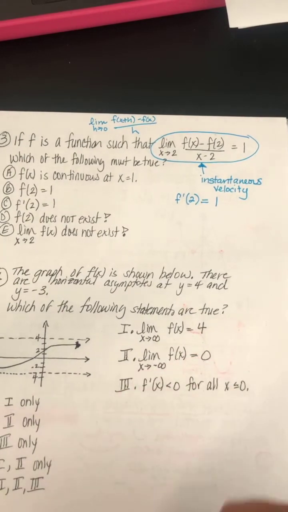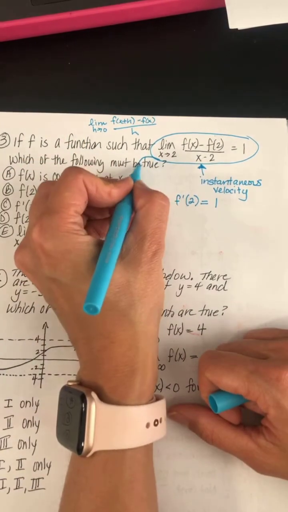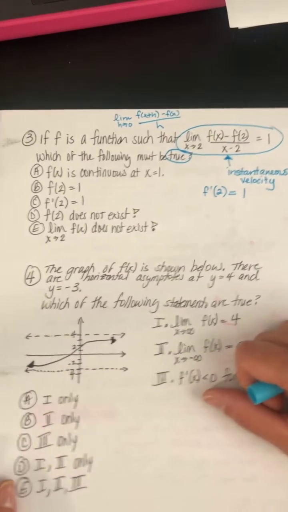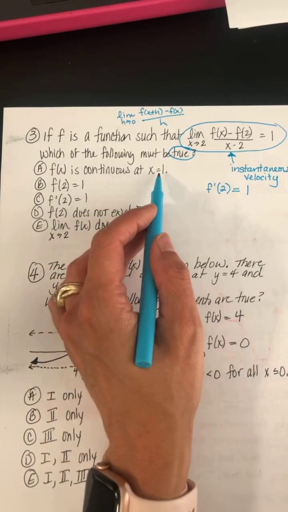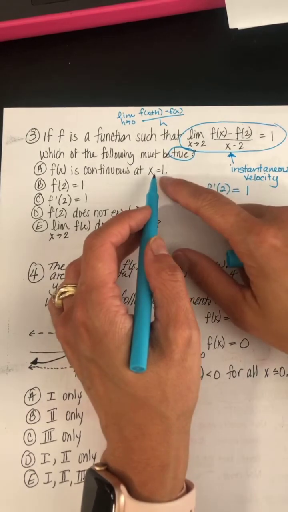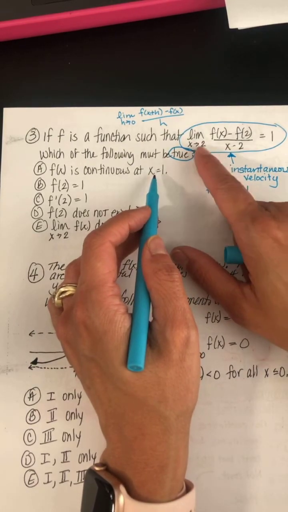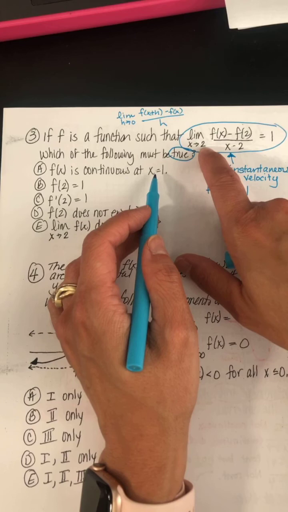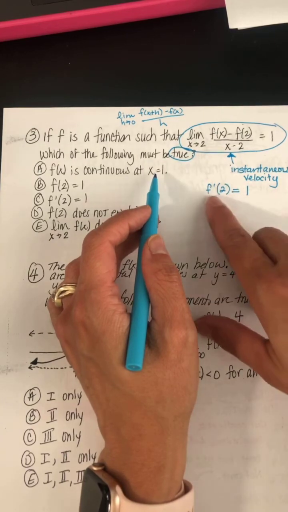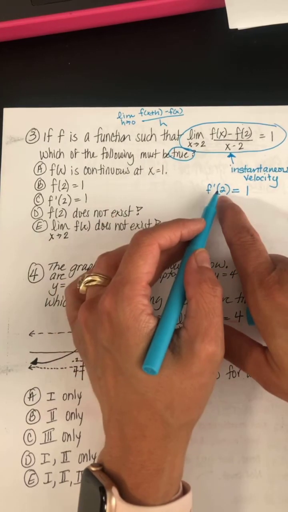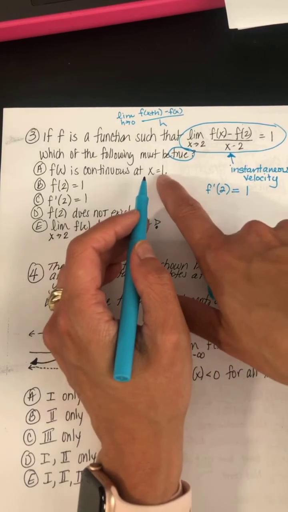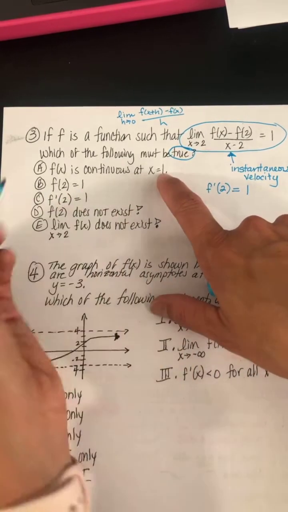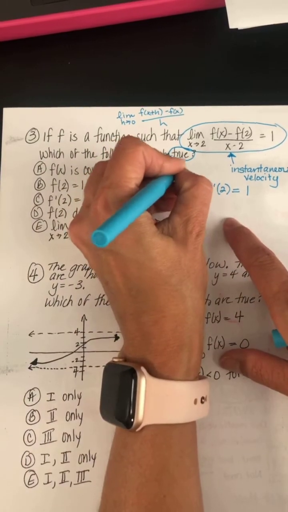Okay, so now we have to figure out which of these must be true. So let's look at letter A. F of x is continuous at x equals 1. Well, I don't know anything about x equals 1. I know the limit as x approaches 2, so when x is 2, the slope, the derivative, will be 1, but I don't know anything about an x value of 1, so this is not true.